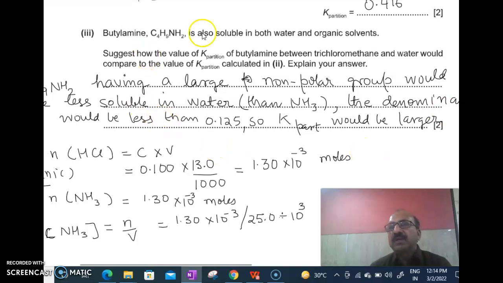Now the second part of the question is, what would happen to the value of K partition if instead of ammonia we use butylamine? Just think about it, what's going to happen? Butylamine is C4H9NH2, and the C4H9 is a hydrocarbon radical, which is non-polar.